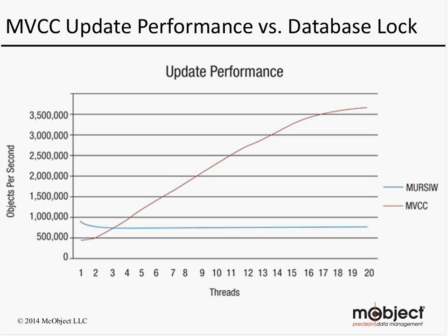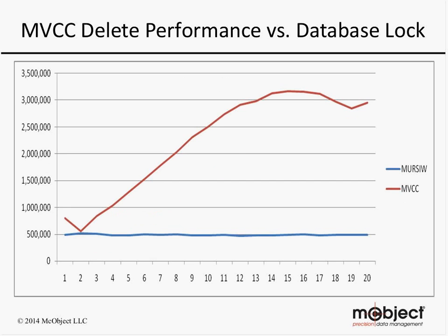For three threads and anything less than that, MRSIV was a better choice. And then lastly, the deletes. Similar to inserts, they're not as resource intensive as updates. So MVCC had an advantage right away, and again, that advantage was sustained throughout the run from 1 to 20 cores.